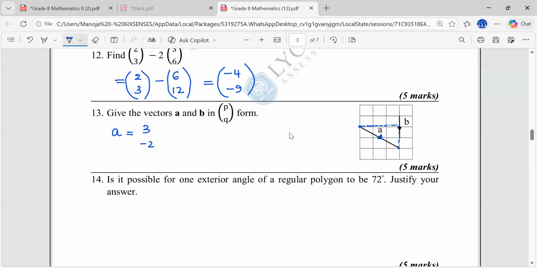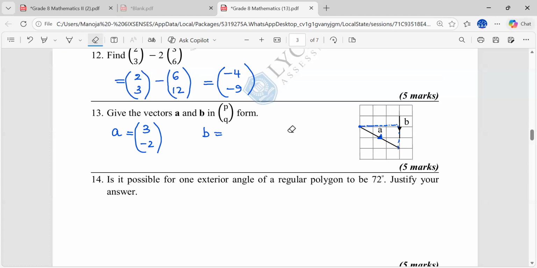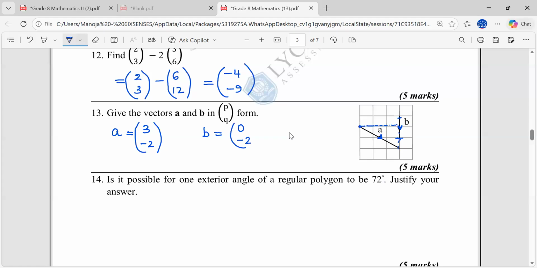Therefore, you write it as minus 2. And the vector B, it just goes down. Horizontally, it doesn't move anywhere, 0. And vertically, it moves minus 2 steps.